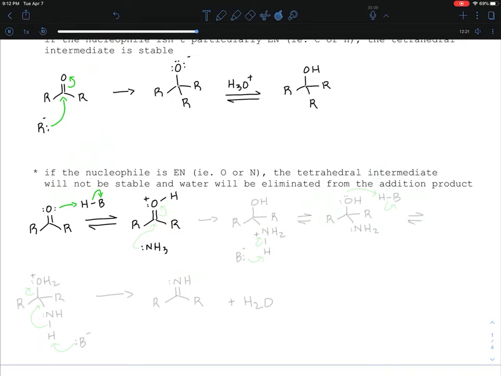When this comes in and attacks the carbonyl, we're going to push those electrons up into that oxygen and quench that positive charge. And I form a tetrahedral intermediate. But notice how I've gone from sp2 to sp3 hybridization. Make this just a little bit more suggestive.